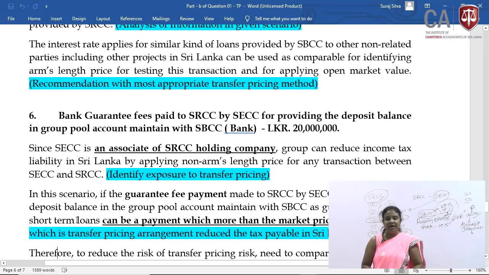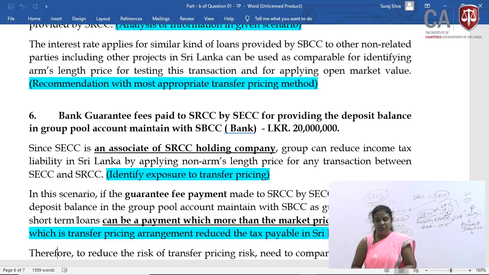The interest rate applied for similar kinds of loans provided by SBCC to other related parties, including other projects in Sri Lanka, can be used as a comparable to identify the arm's length price for testing this transaction and for applying open market value.